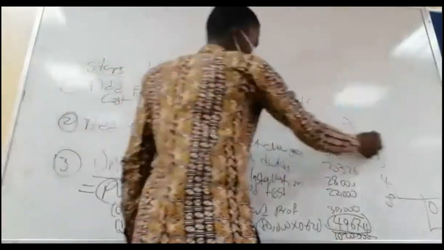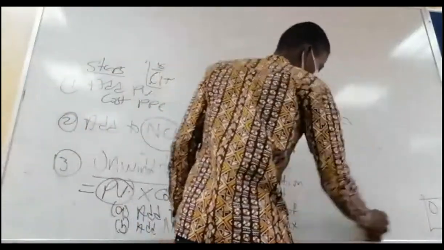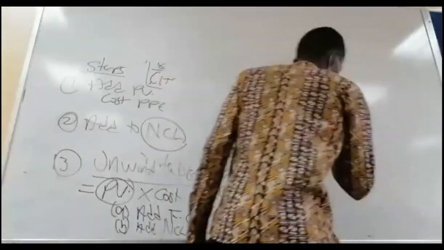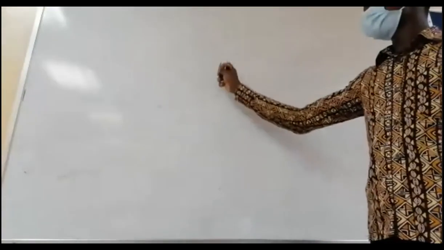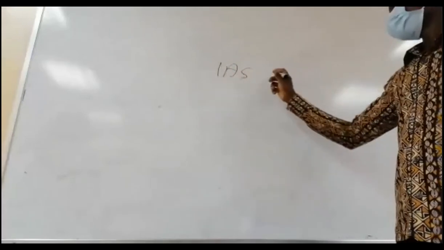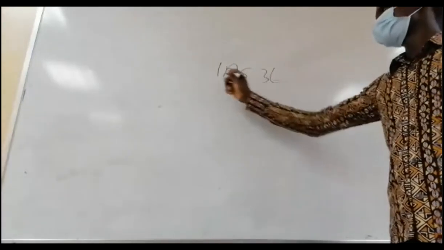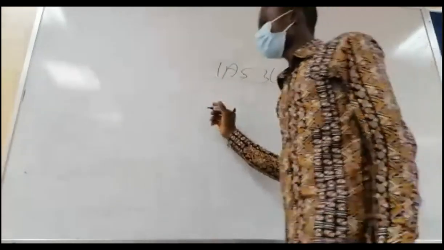IAS 36 talks about impairment. So IAS 36 basically talks about how we test for impairment and then we account for impairment in our books.